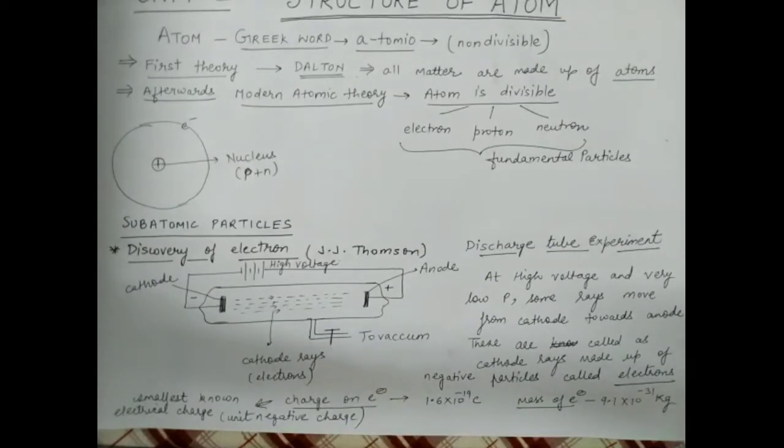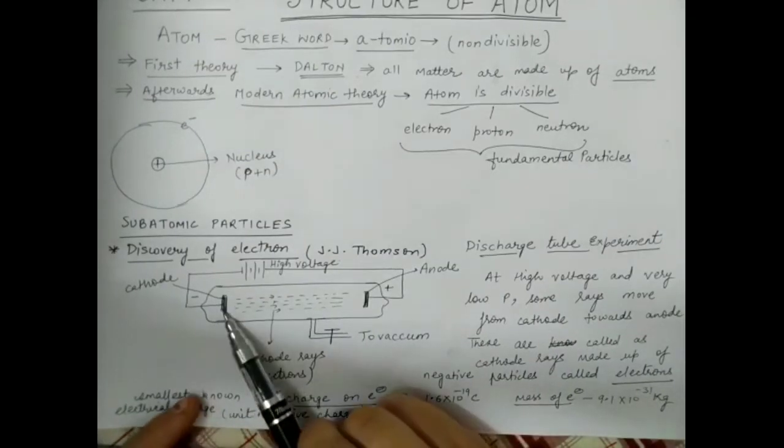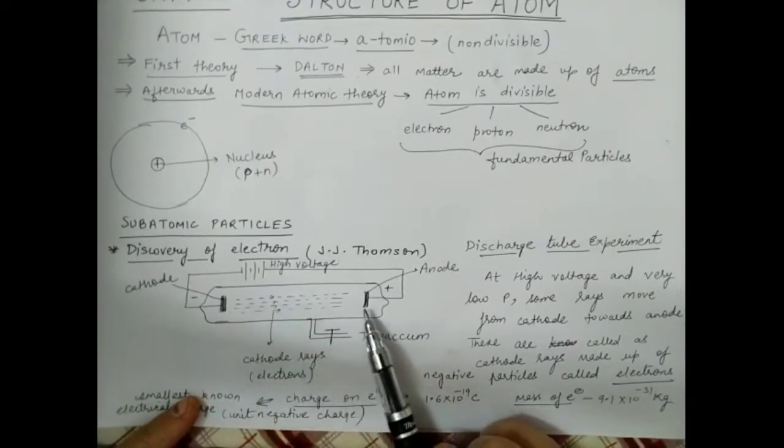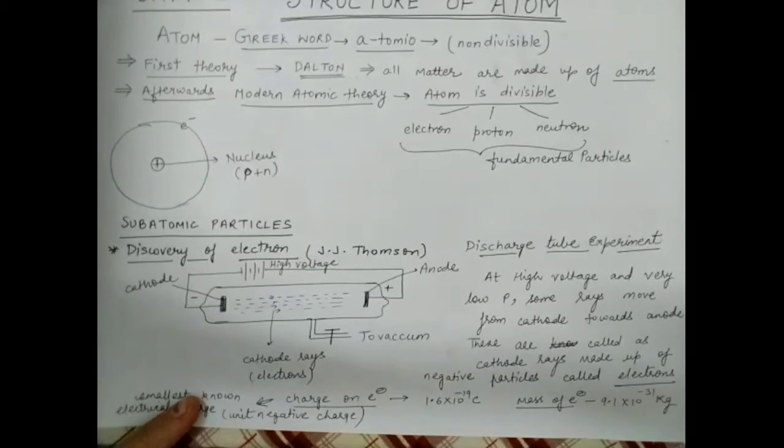Is this clear? So at low pressure and high voltage, the electricity flows in the form of rays. These rays are emitted from the cathode, that is the negative terminal, and these rays move towards the anode, that is the positive terminal. Clear? And the rays are made up of particles.